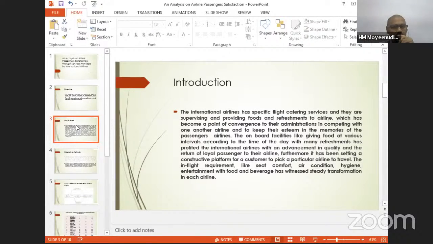That's the onboard facilities like giving food and various facilities like cabin crew, the cabin, and then the seating comfort, legroom facilities like that, and internet and smart screens in the airline. So these are the additional facilities provided by airlines.